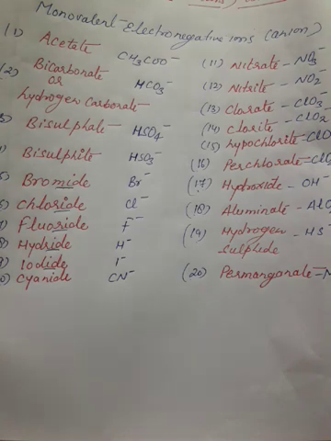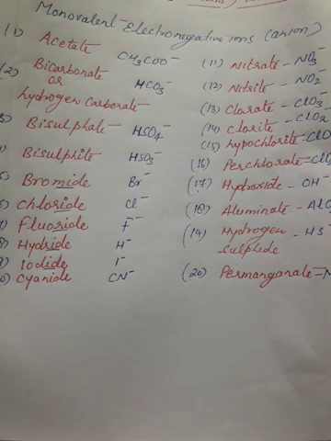Okay, clear. Then we will learn radicals which are made up of two elements. First you learn monovalent only. We are discussing only monovalent first because there are so many. As the valency increases, the number of radicals will decrease. Monovalent has the most, second most in divalent, and trivalent has very few, tetravalent only 1 or 2.